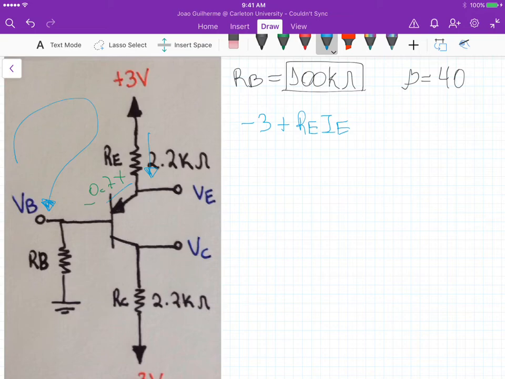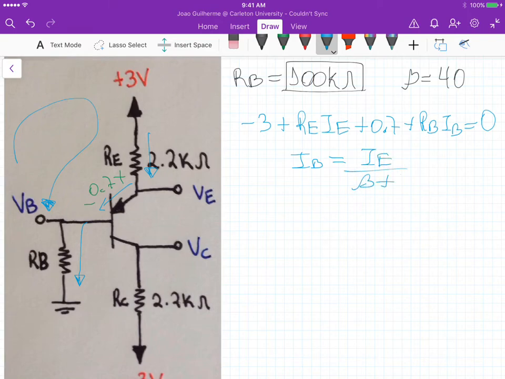Then we cross this 0.7, so it's plus 0.7, and then we cross here plus RB times IB equals 0. And remember that IB, if we are assuming active mode operation, is equal to IE divided by beta plus 1.